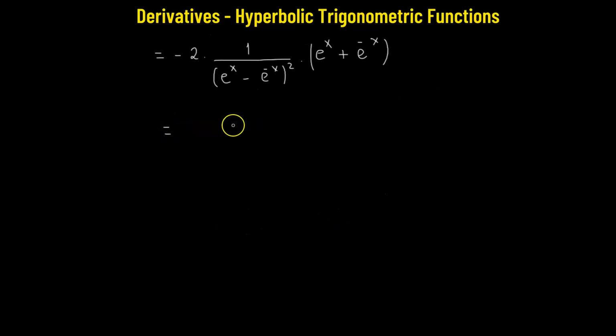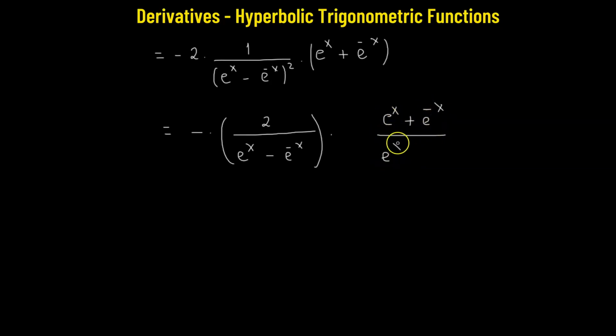So this can now be rewritten as negative times, let's say, 2 divided by e raised to the power of x minus e raised to the power of negative x. So this will be one term multiplied to e raised to the power of x plus e raised to the power of negative x divided by e raised to the power of x minus e raised to the power of negative x, which will be equals to negative times.